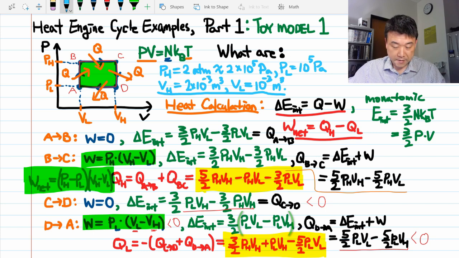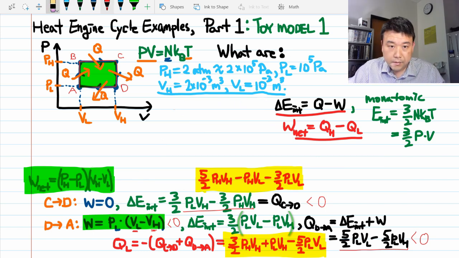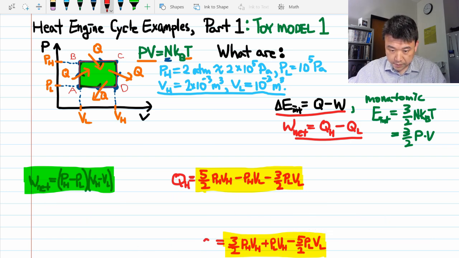Let me make some space here, taking care not to erase the expressions I need. I think I avoided erasing anything important. As a reminder, this is QH and this is QL. The work done is pretty easy to calculate, so let's do that.